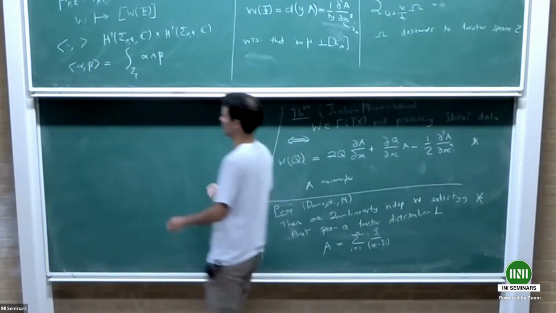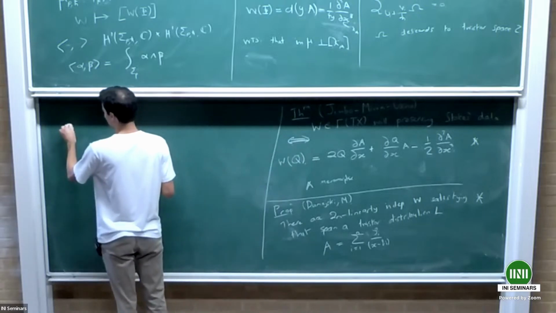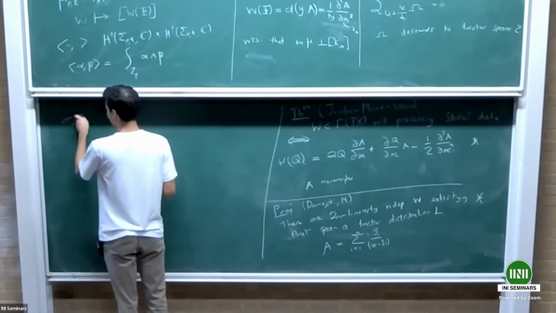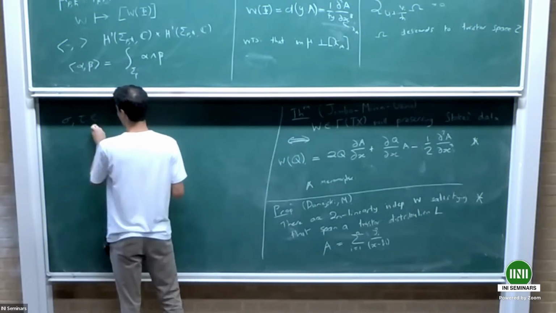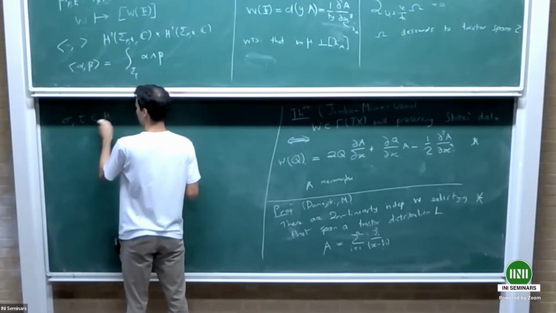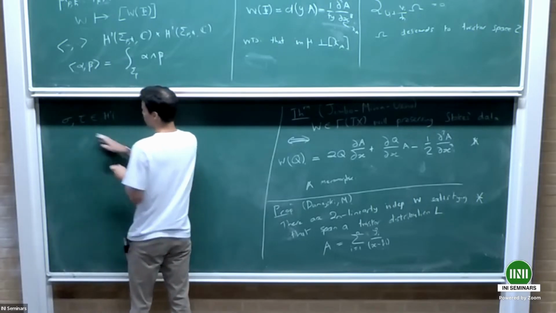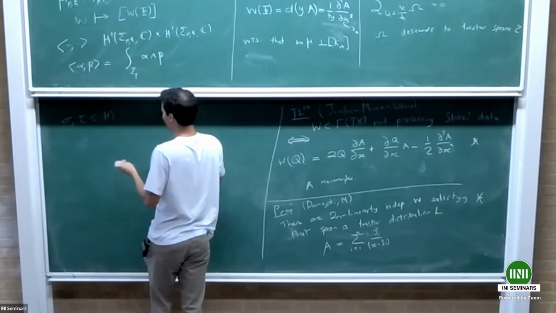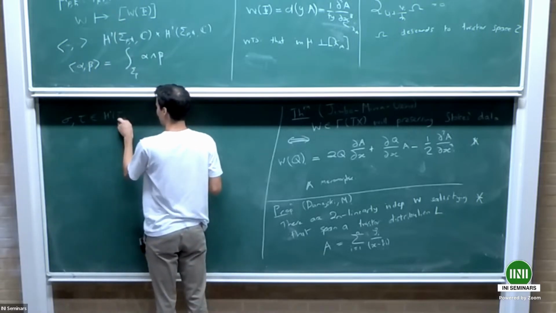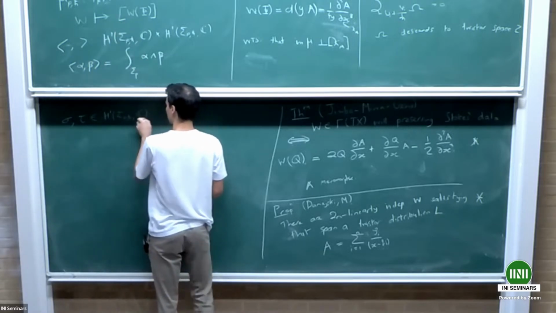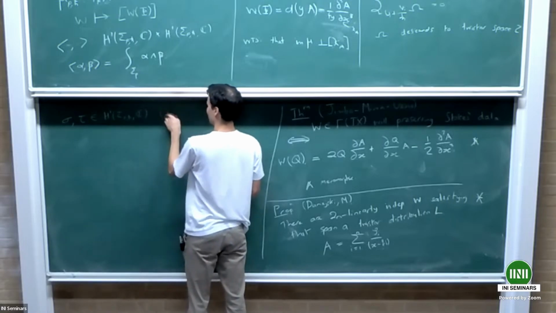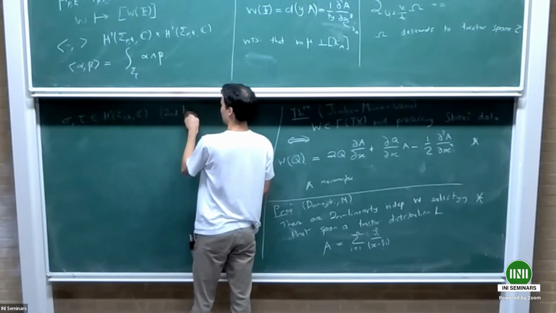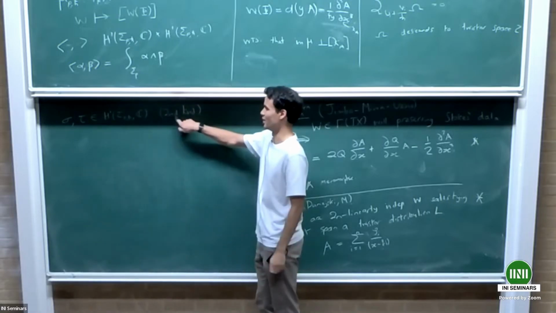So suppose I have, say, sigma and tau, which are meromorphic one forms on sigma h bar with no residues. So they represent cohomology classes. So I'll just say these are differentials of the second kind.